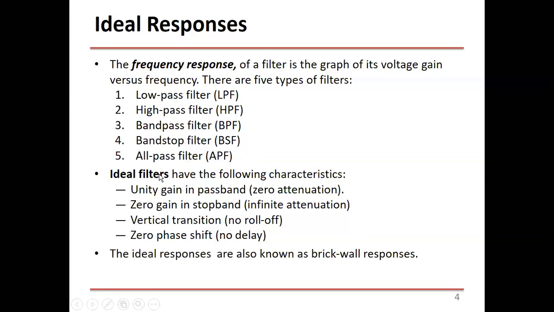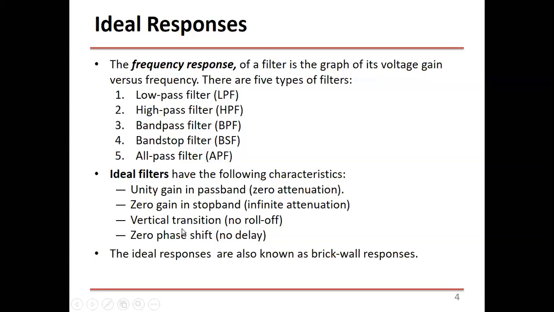By ideal filter, we mean a filter that has unity gain in the pass band. So the pass band has a flat gain of 1, okay, which in decibels becomes 0 decibels. And that means we have 0 attenuation, so you don't have any attenuation in the pass band. On the other side, you have 0 gain in the stop band, meaning that you have infinite attenuation. Also, you have a vertical transition.